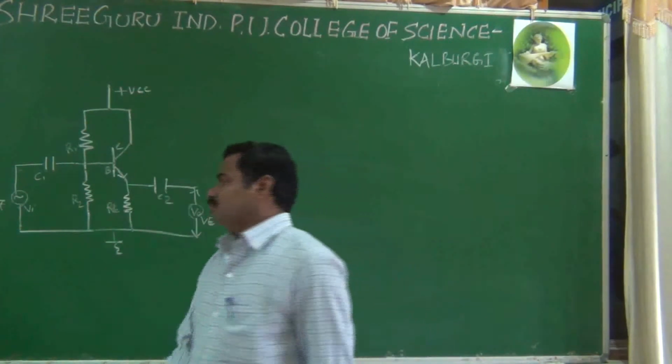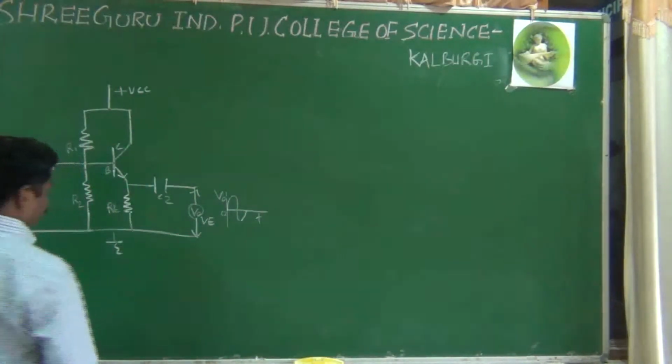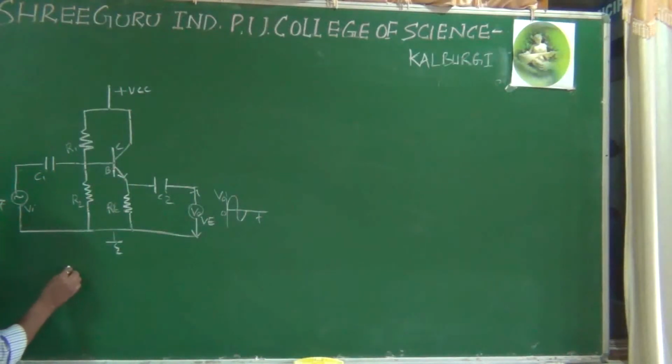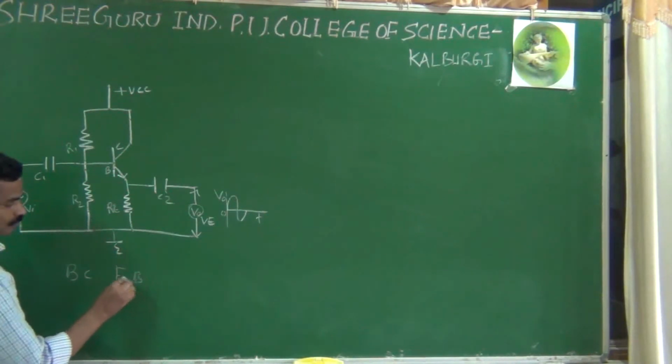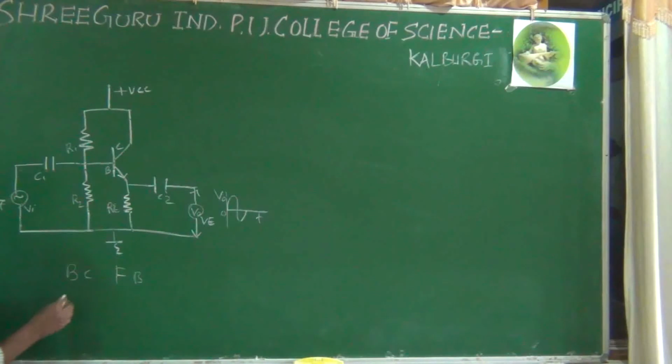In this condition, the base and collector should be forward biased, and the emitter and collector should be reverse biased.